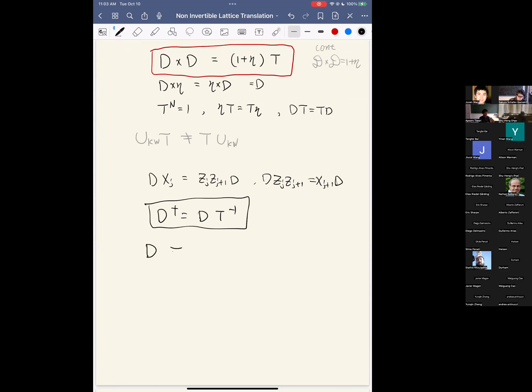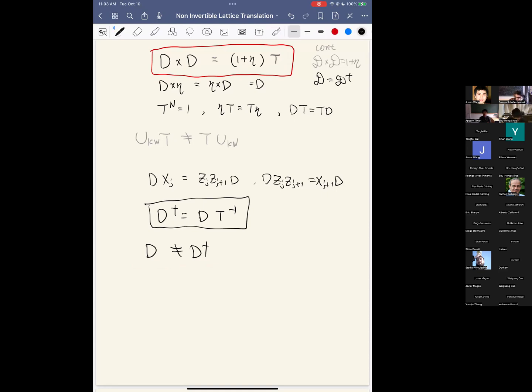That in particular means that D is not the same as D dagger on the lattice. This is drastically different from the continuum. In the continuum, this curly D is its own dagger. So we already see something qualitatively different between the lattice algebra and the continuum algebra. And that will have many important consequences that I won't talk about today.